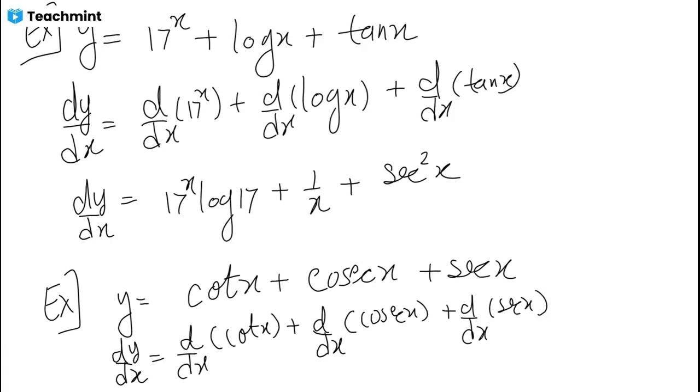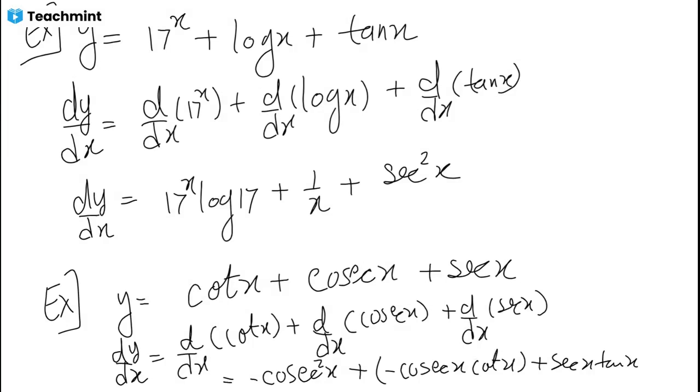Now we can use the formulas. The derivative of cot x is minus cosec square x, and for cosec x we have minus cosec x into cot x, and the derivative of sec x is sec x into tan x. Either you can use the minus sign directly, or write it in the next step. So this is the required answer. So now you got it.